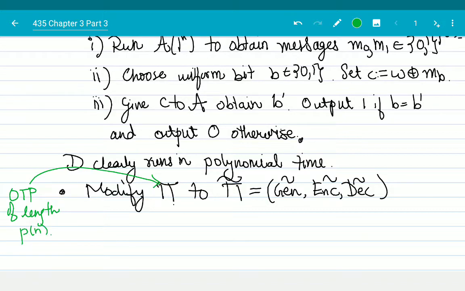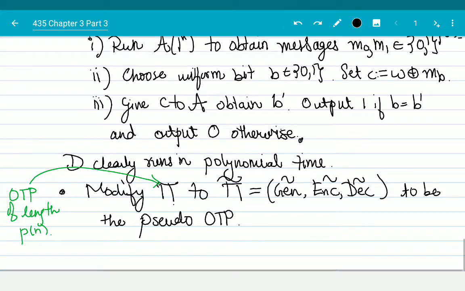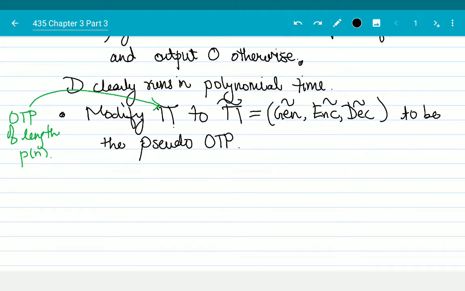Okay, so it's a proper OTP, not a pseudo OTP, and we are taking pi tilde to be the pseudo one-time pad. The pseudo one-time pad we have discussed before. That is what we have.